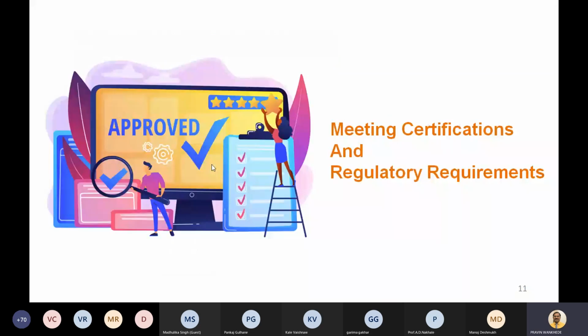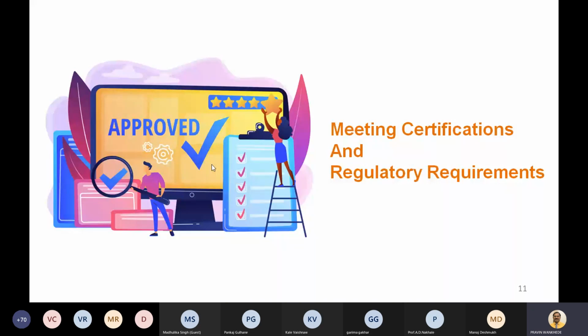Next, we'll think about the different certifications and regulatory requirements. As we know, when we're preparing a device, product, or component for manufacturing at scale, that is, volume production, the essential step is that we complete the product certifications.